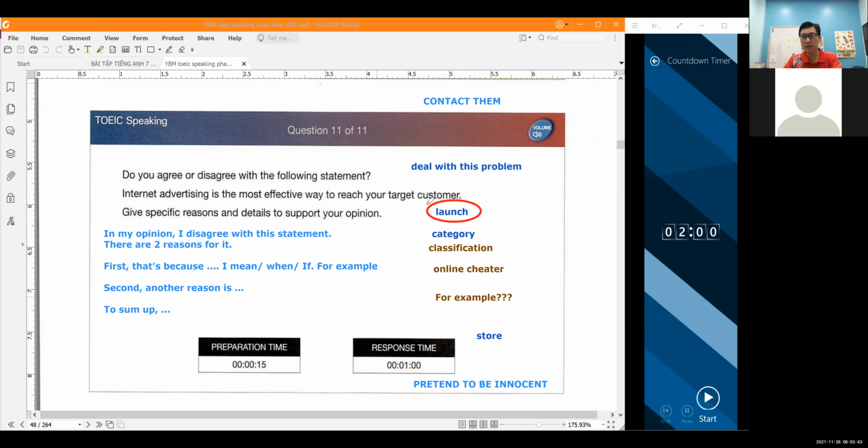Now, can you say this word again? You say launch. Launch. We don't say land or anything else. We say launch. And this one, cat, just like meow meow, a cat.